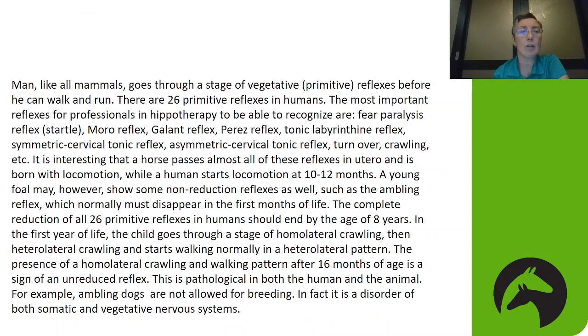Man, like all mammals, goes through a stage of vegetative primitive reflexes before we can walk and run. There are 26 primitive reflexes in humans. The most important reflexes for our profession in hippotherapy, and we are able to recognize, we must very easily find such a kind of reflex as the fear paralysis reflex.